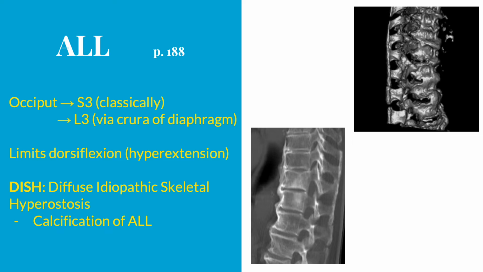And then you definitely want to know DISH. So diffuse idiopathic skeletal hyperostosis. This is typically a fill-in-the-blank question, and it is calcification of the anterior longitudinal ligament. You want to know how to spell the whole thing, not just the acronym of DISH, and you'll talk about that a lot in your diagnostic imaging classes as well.